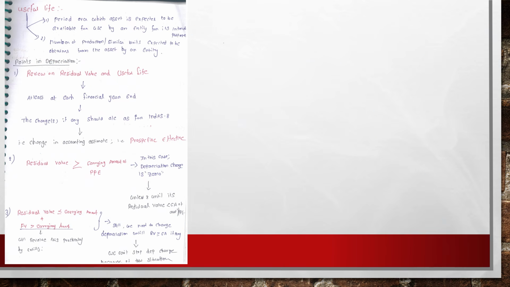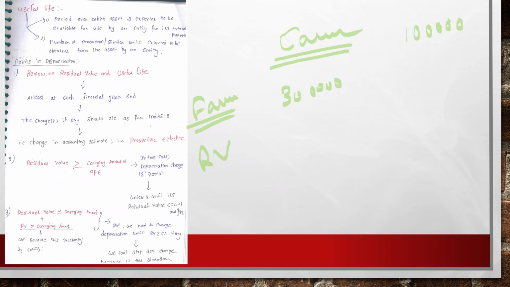Even though, say suppose this is your carrying value, 1 lakh, and your fair value for that asset is 3 lakhs, and your residual value for that asset is 50,000.